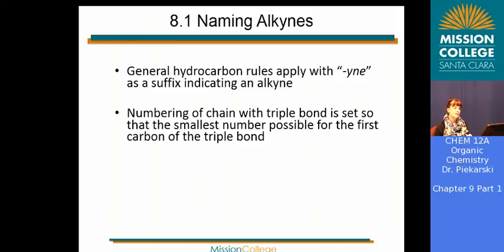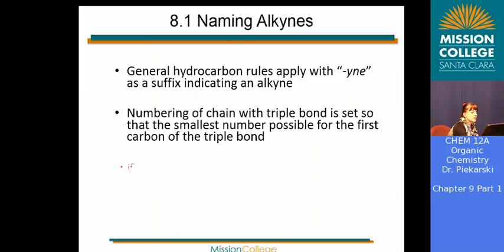And if you have both a double and a triple bond in your structure, you always want to give the multiple bonds the smallest number possible. But if they're equidistant, so you can number from either direction, the alkene will take priority, and I'll show you that on the next slide, okay?